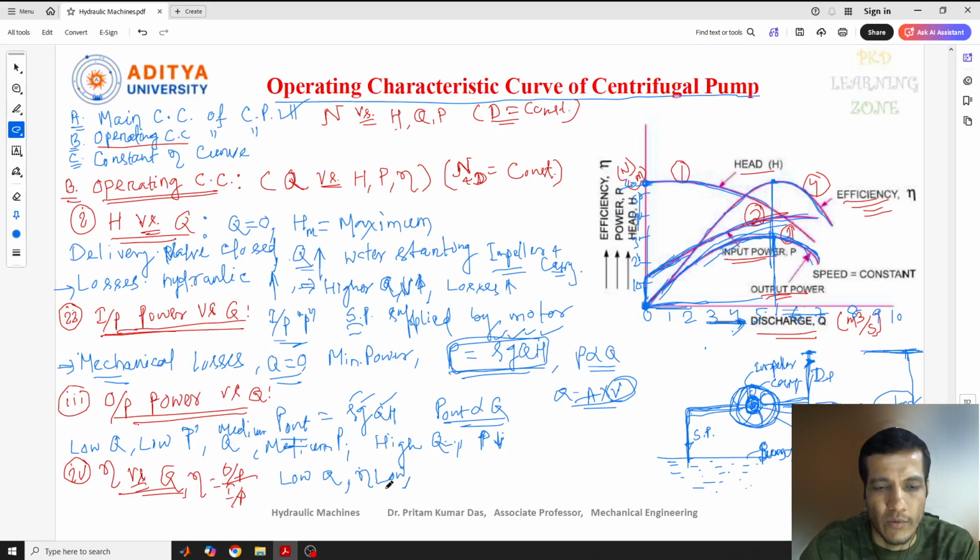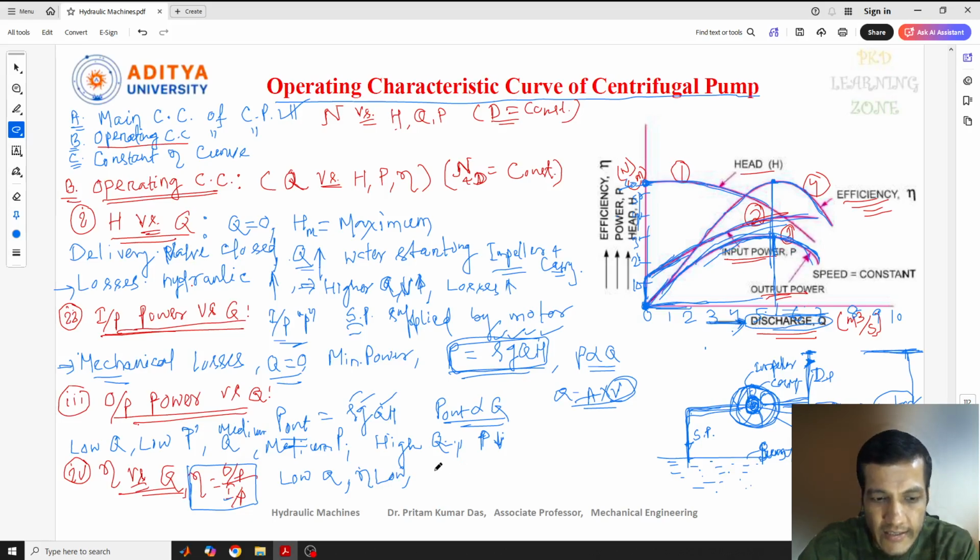See, both powers are there, input power and output power. More output power means more efficiency, but more input power means less efficiency. When will we get more input power? When the discharge is more, that means more power consumption is required, and with that, the output power you get is less. In that condition we get less efficiency. So low discharge will have low efficiency.